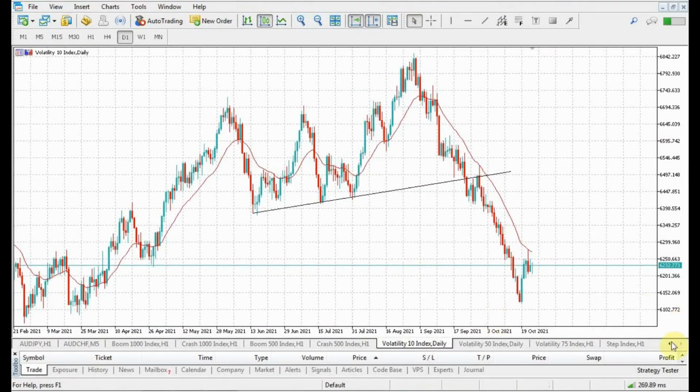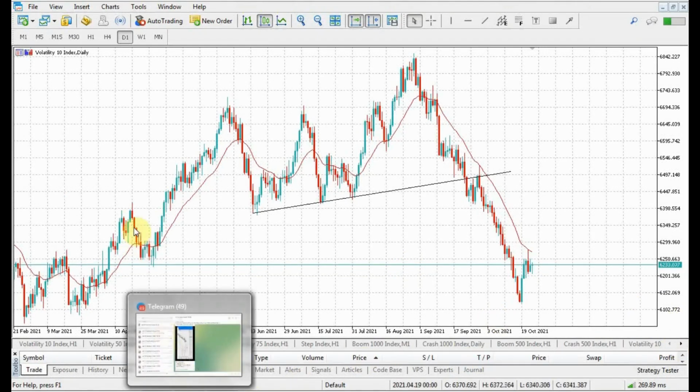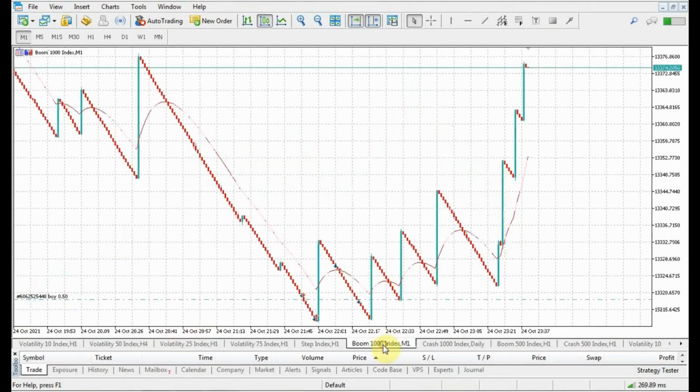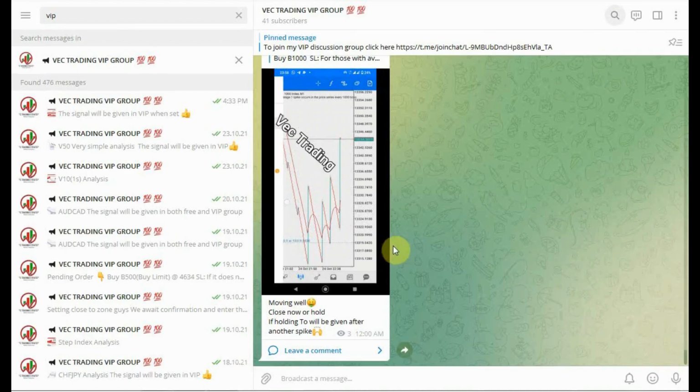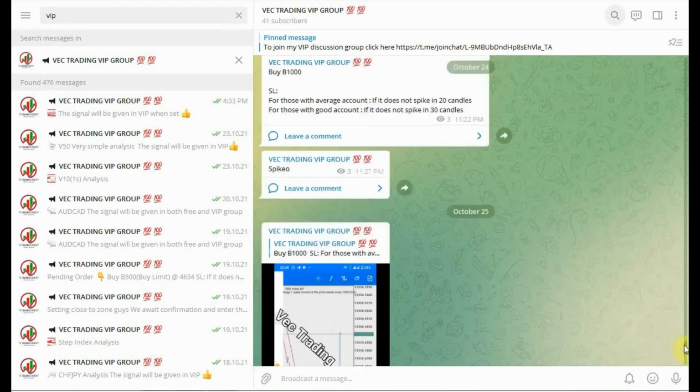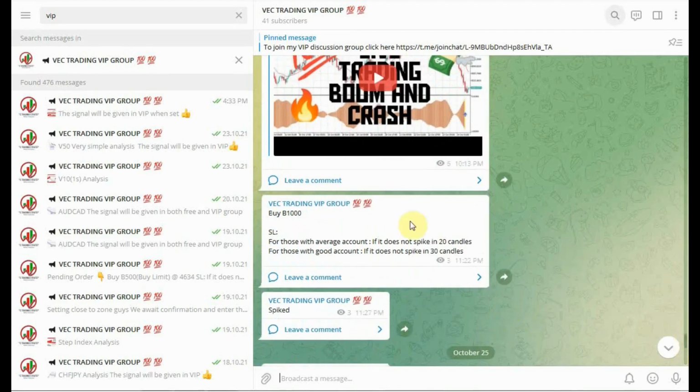1 2 3 4. Okay, sorry guys, I just want to check our trade because I give signals in VIP and I have to follow with them. And wow, okay, this is nice. You can see how it went. This was our entry, I gave the signal in VIP, and you can see we should buy.